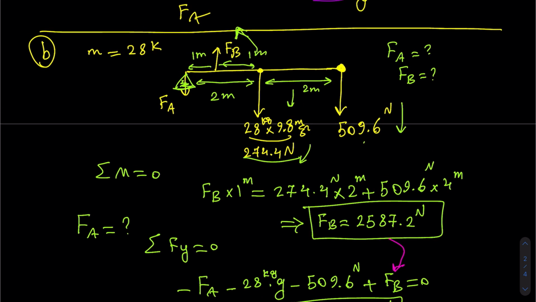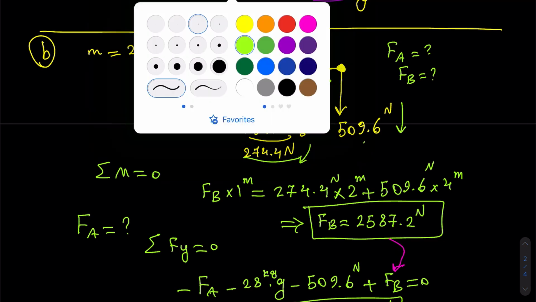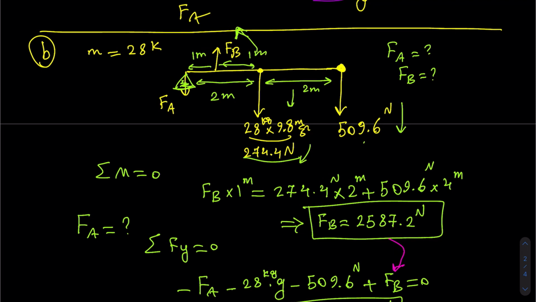You may say, how about if we want to solve it based on the second condition of equilibrium? In that case, you may choose the middle of the beam as the fulcrum. So we just set the fulcrum here, the middle, the place that the force 28 kilograms times 9.8 meters per second squared is acting, the weight of the beam.